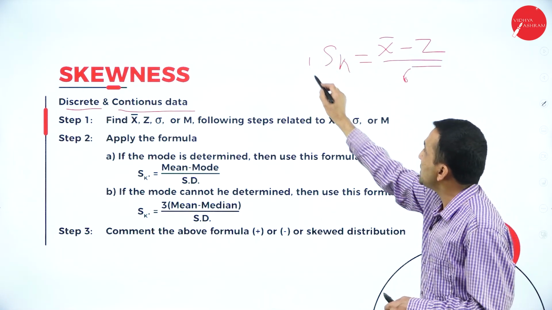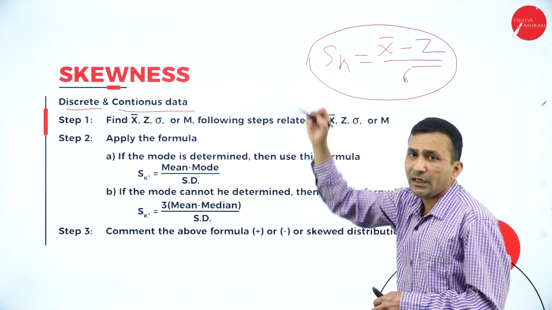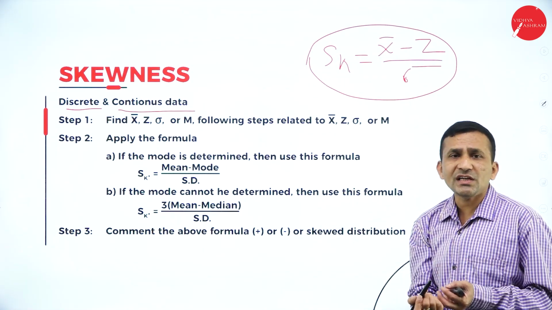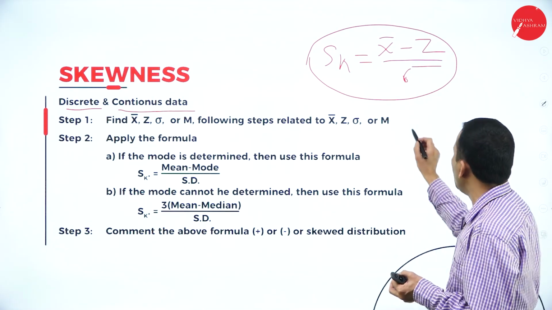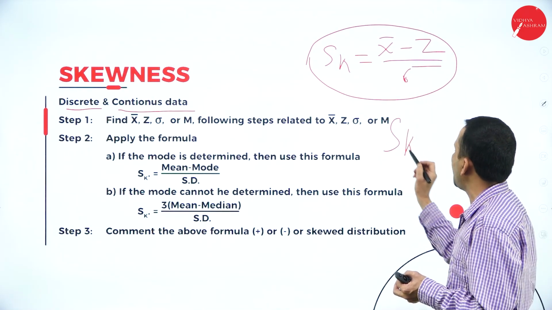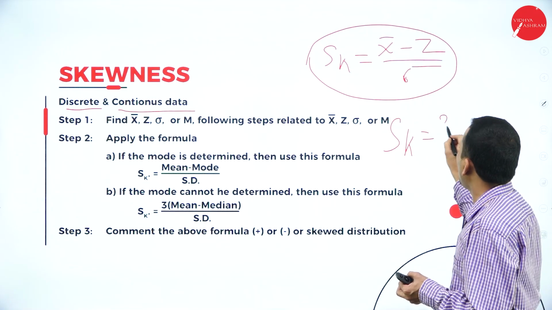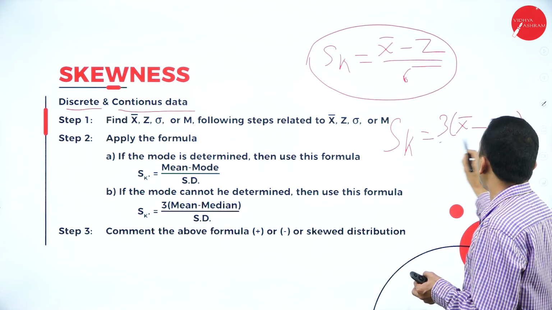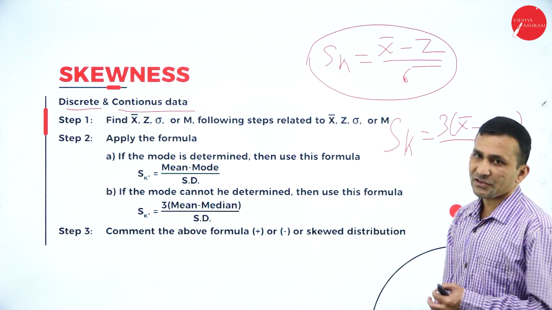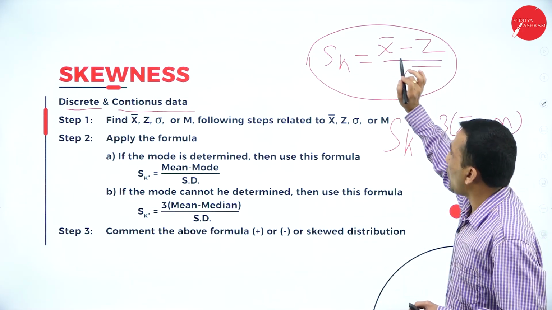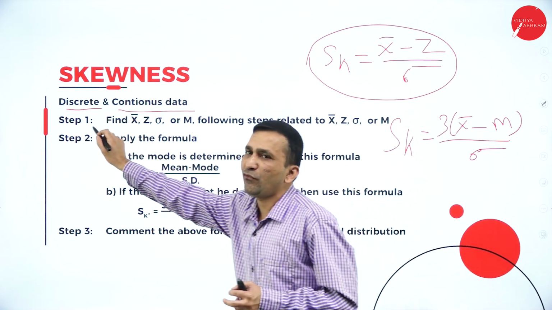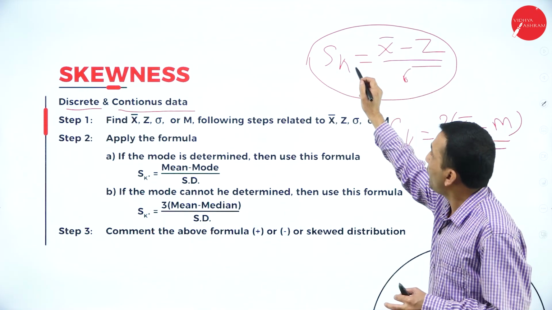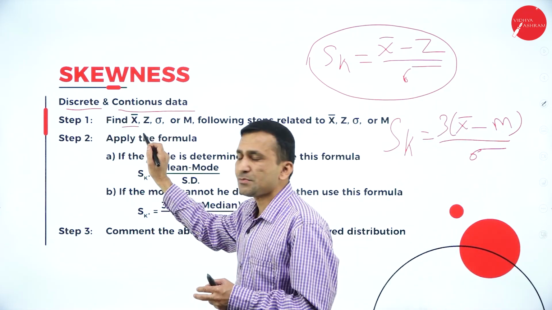In this formula, we apply it only when the mode can be identified. If you are not able to identify the mode, the formula is slightly changed: Karl Pearson's is 3 into mean minus median divided by standard deviation. In step 1, we need to find whatever is required for the formula, so with the help of the formula we need to find the x bar value.